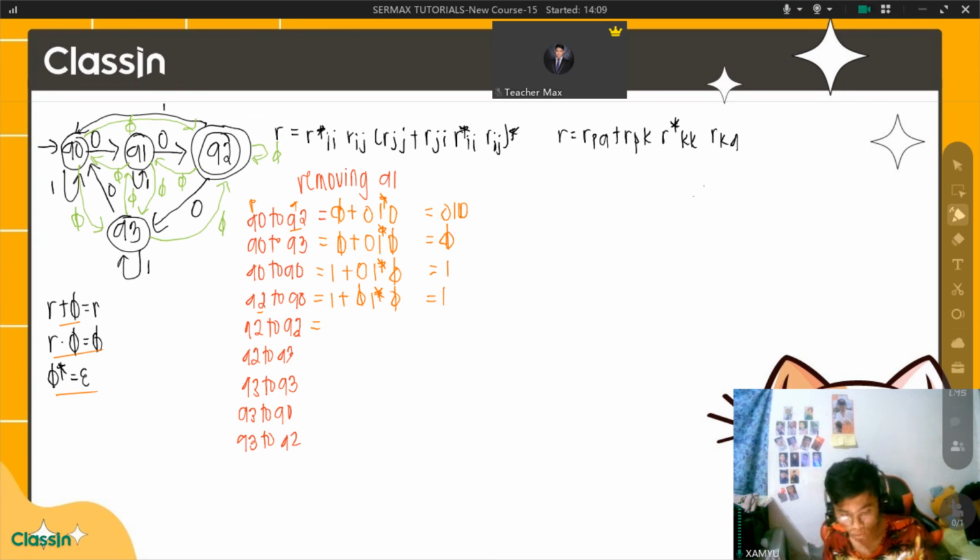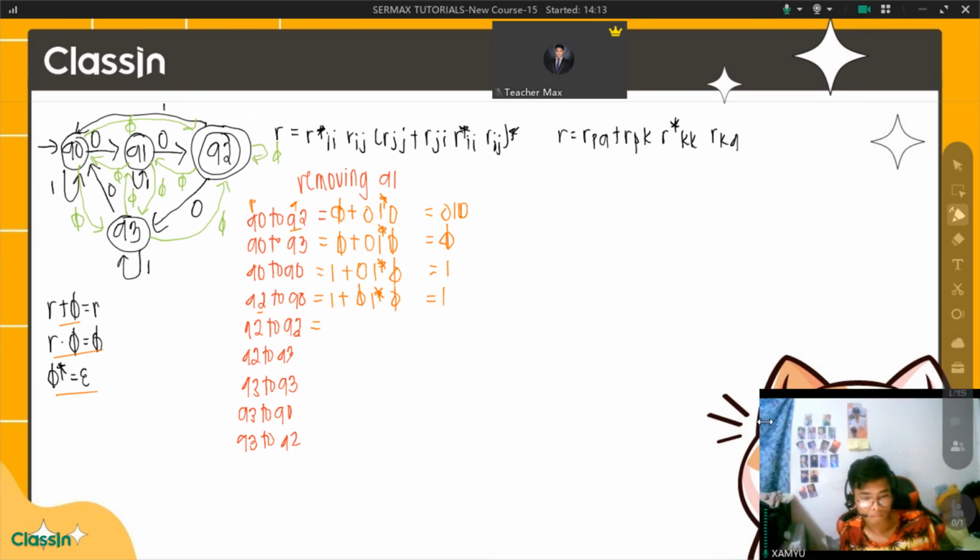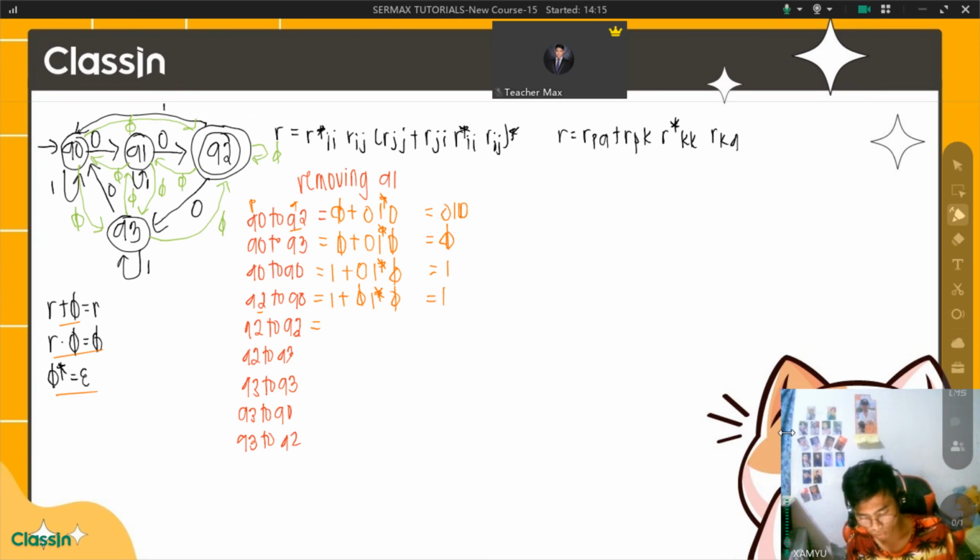Q2 to Q2. For this one, we will be running through Q2 to Q2 right now. So it will be null going to Q2 to Q2 plus Q2 to Q1, that is null, and then Q1 to Q1, that is 1, and then Q1 to Q2, that is 0.